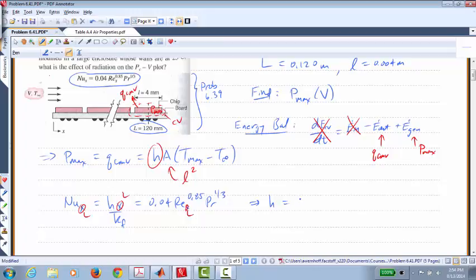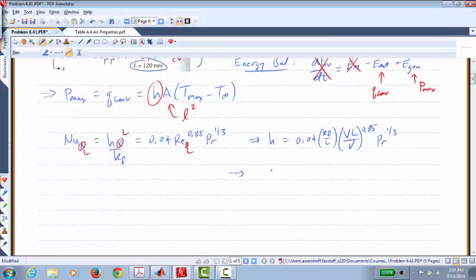We get h is equal to 0.04 k_f over L times the Reynolds number evaluated at L, which will be V times L over nu, to the 0.85 power, times Prandtl to the 1/3. So this connects then our heat transfer coefficient to the speed of the flow.